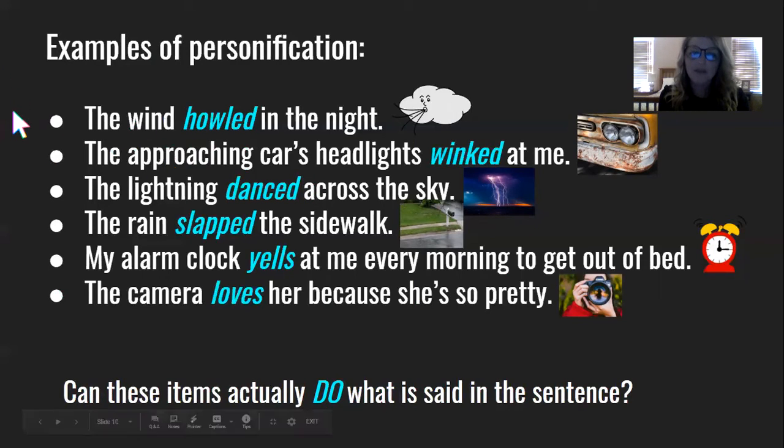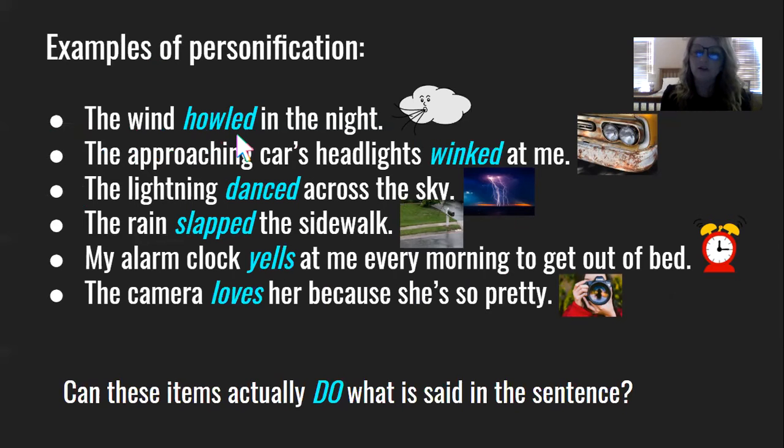And if you pay real close attention, the object that's doing the action is not an object that's alive. It's a non-human object. So like if you take the first one here, we always say, wow, the wind is howling, right? The wind howled in the night. What else howls?